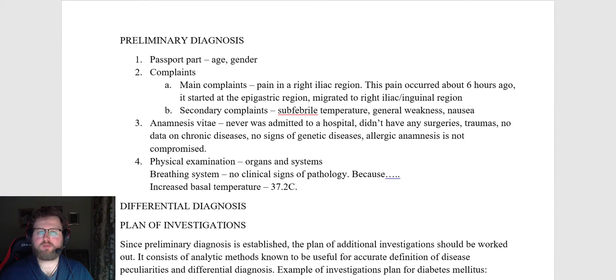Next, we've found some pathologic signs during examining his digestive system.